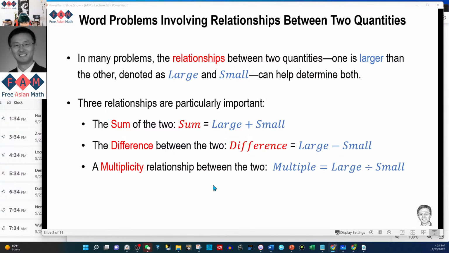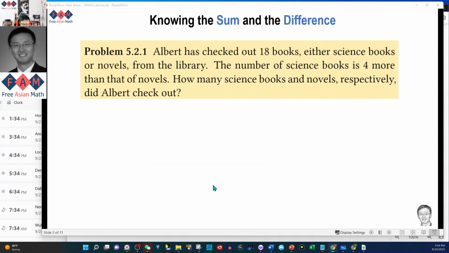Okay, so with this high-level understanding, we'll first take a look at a classic type of problem where we only know the sum and the difference between the two quantities. Let's consider this problem. Okay, so Albert has checked out 18 books from a library.